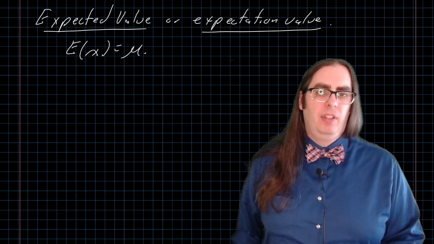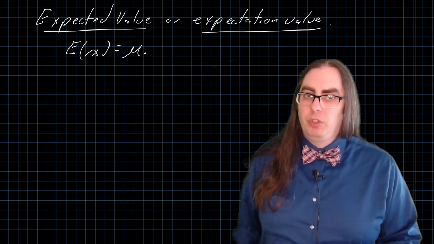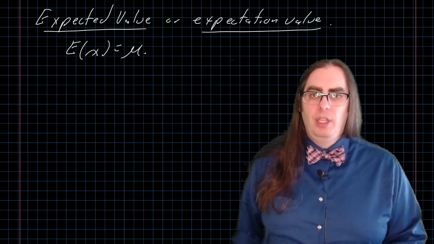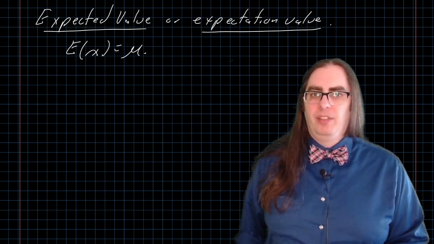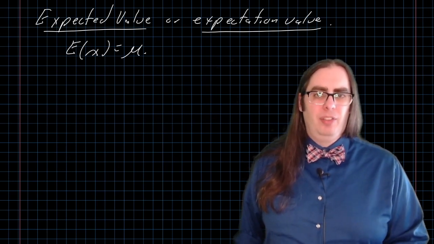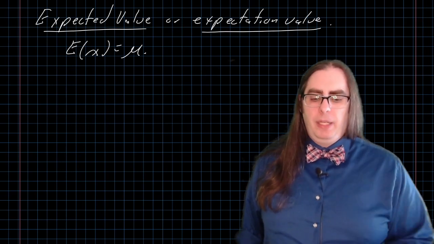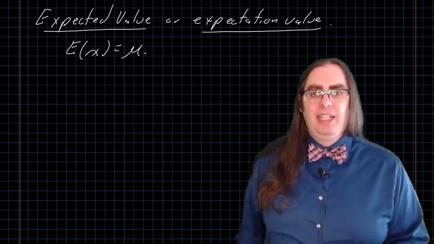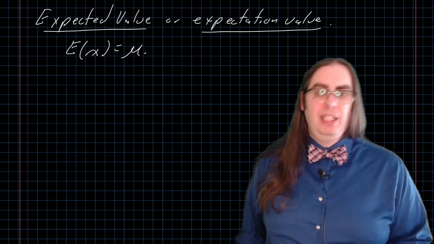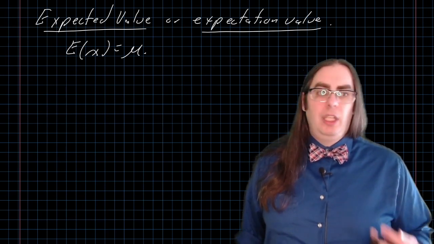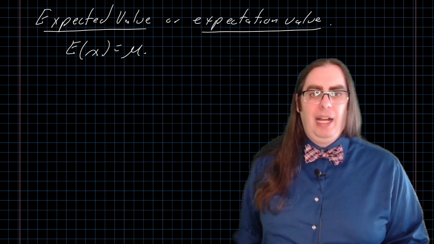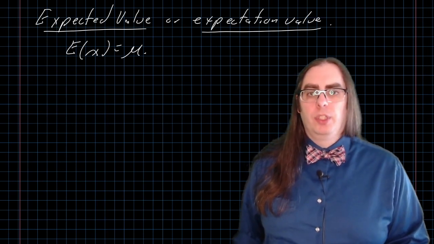Often enough is an idea that I don't want to try to define in this course. That's a really messy concept in statistics, and it's what separates statistics from much of mathematics. But we can have this idea of often enough, and we can use that to make predictions about the future.